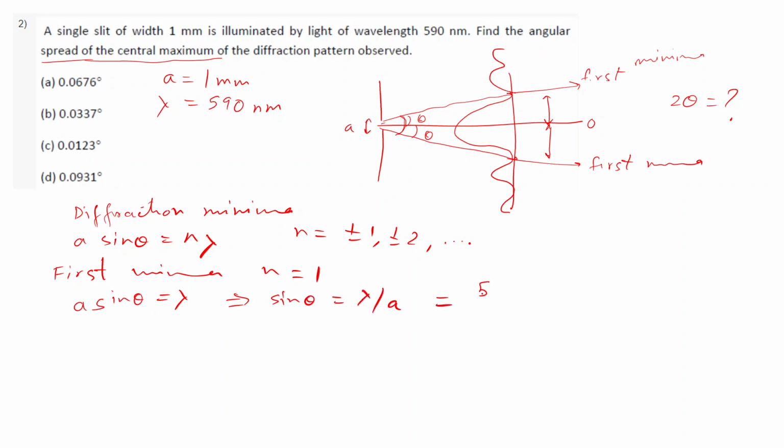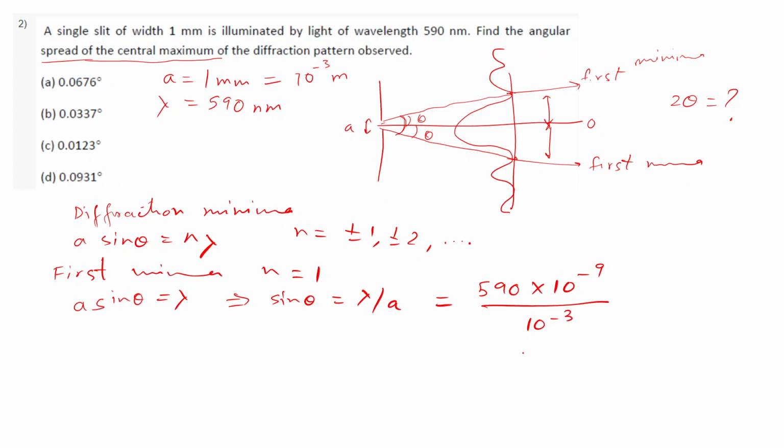Lambda is 590 nanometer and a is 1 millimeter. When I put 1 millimeter into meters, it will be 10 to the power minus 3 meters.